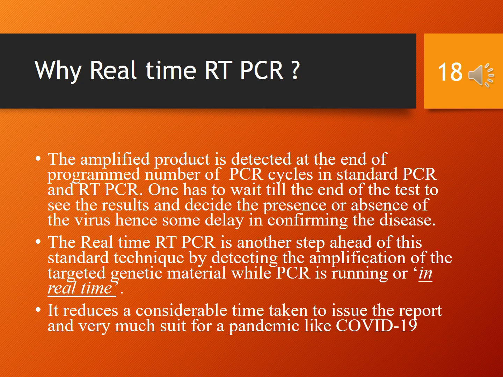The real-time RT-PCR is another step ahead of this standard technique by detecting the amplification of the targeted genetic material while PCR is running, or in real time. It reduces a considerable time taken to issue the report and is very much suited for a pandemic like COVID-19.